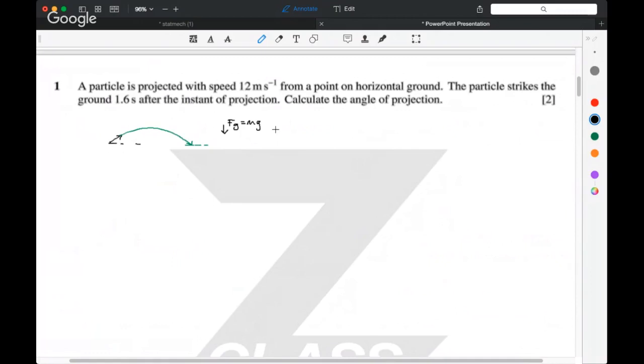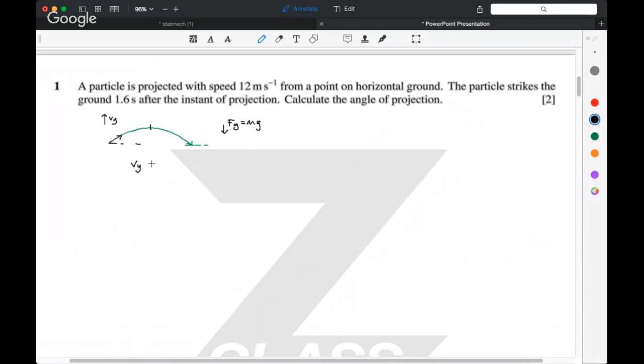Now, we can use the constant acceleration equations for this, since g is the acceleration and it's constant. So we can use this idea that if you want the velocity at some later time, I'm going to just look at the velocity in the y direction, vy.